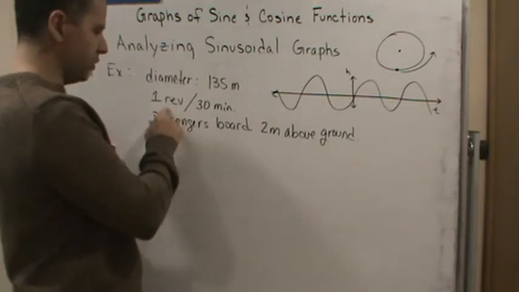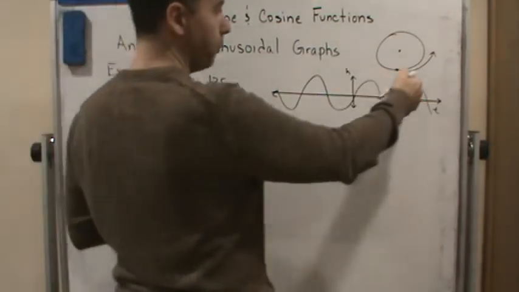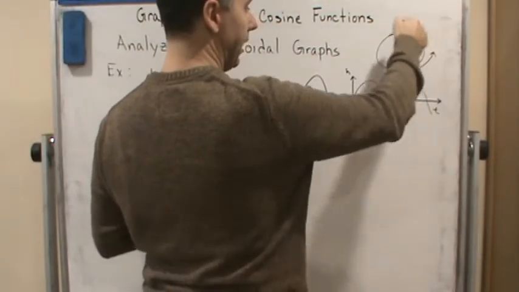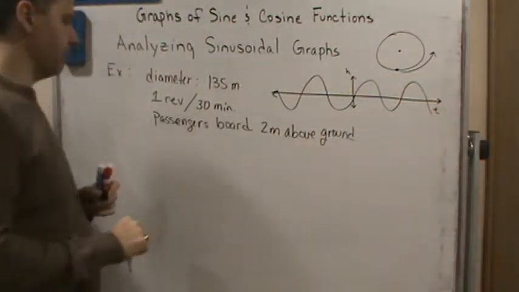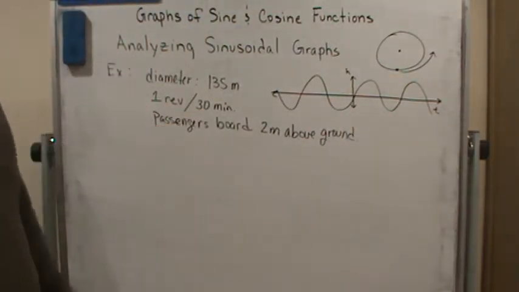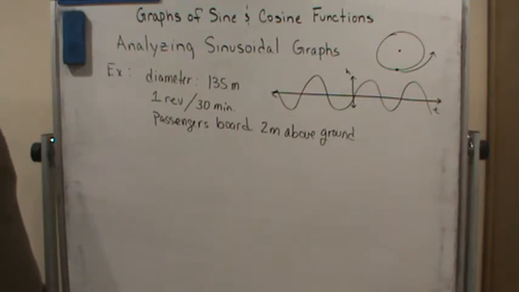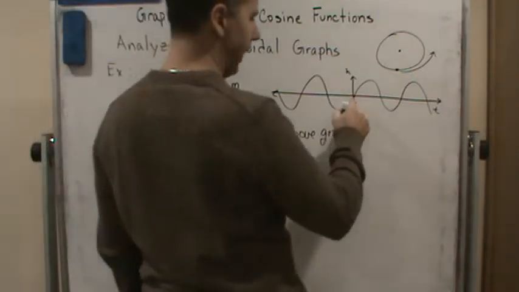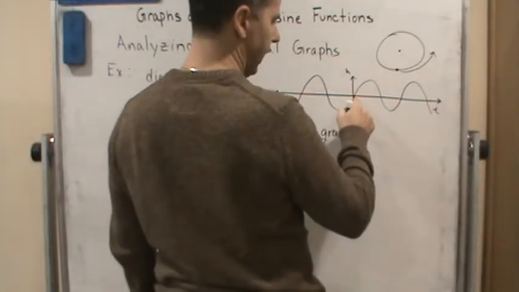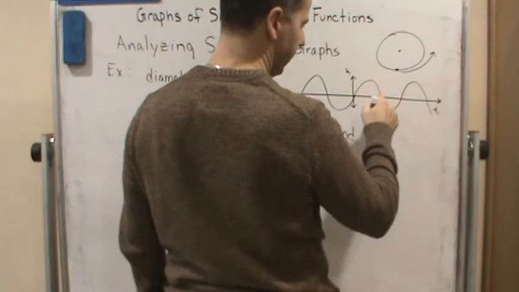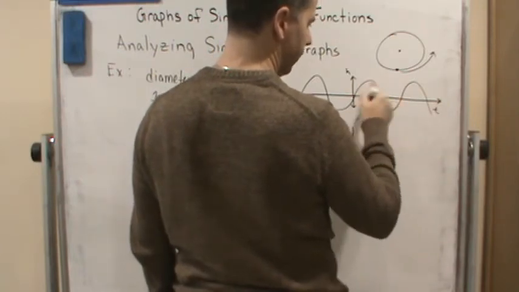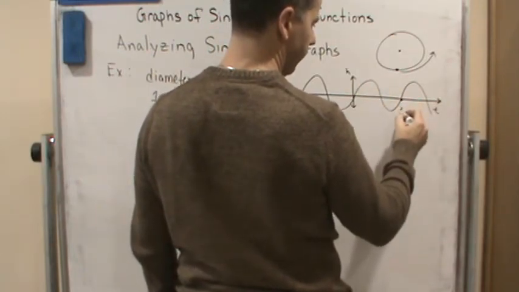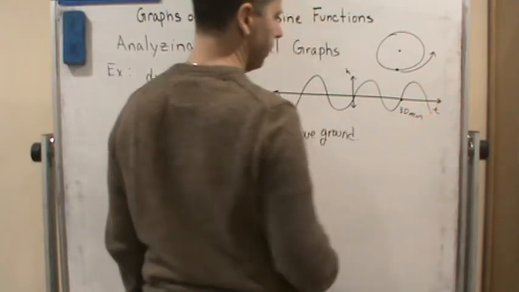Because one revolution is 2 pi, it's going around 2 pi. So that means the period of this Ferris wheel is 30 minutes. That's the period. So every 30 minutes it's going to go back. It has a starting position, and then it's going to go all the way around, and then start the pattern again every 30 minutes.